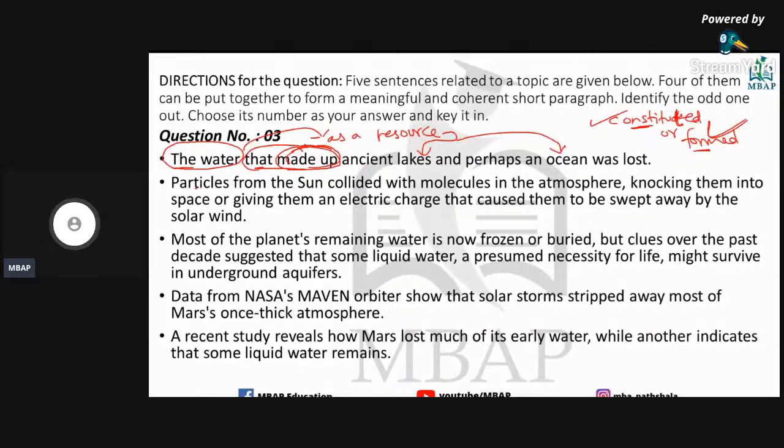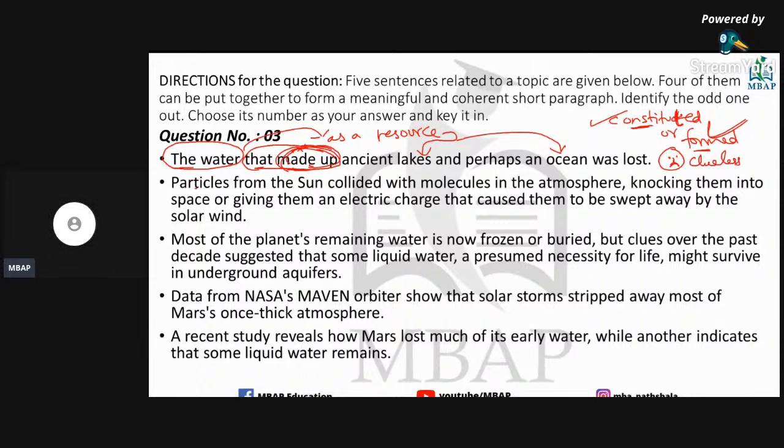So that made up means it talks about those ancient lakes and ocean, जिसमें पहले पानी होता था, it is not there anymore. It is lost somewhere. This is what the first sentence talks about. Let's move ahead. Second sentence. Guys, to be honest with you, don't jump to any conclusion. The moment you read the first sentence, we are clueless.